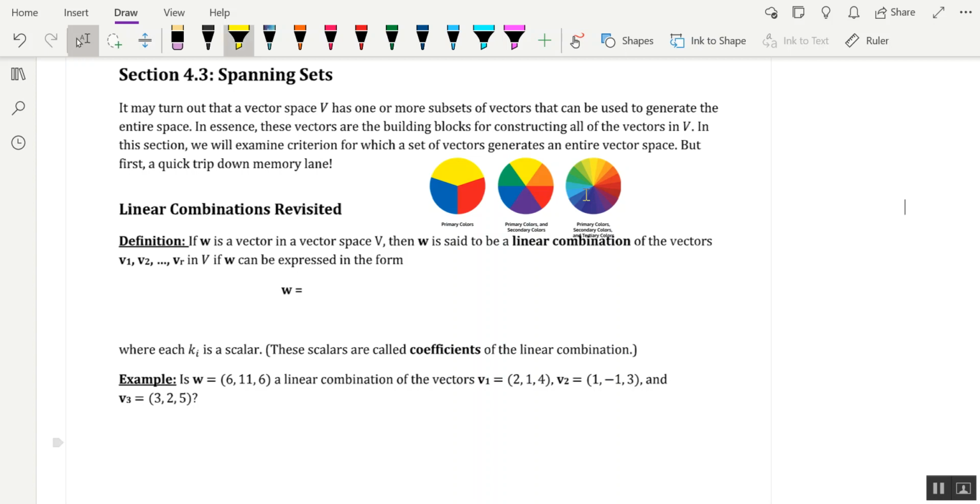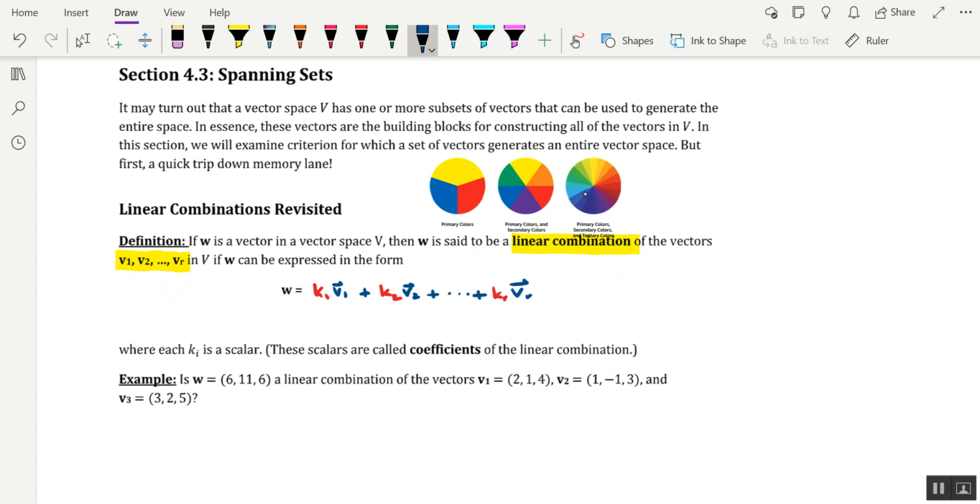Let's assume that W is a vector in a vector space V. Then W is said to be a linear combination of vectors V1 through VR, and these come from the set V, if that vector W can be expressed in the form K1 V1 plus K2 V2 plus dot dot dot KR VR.